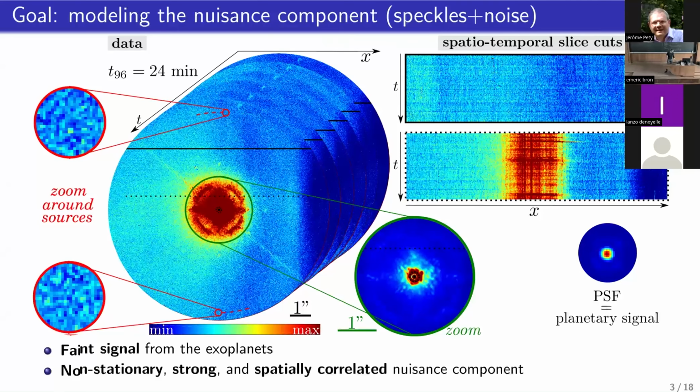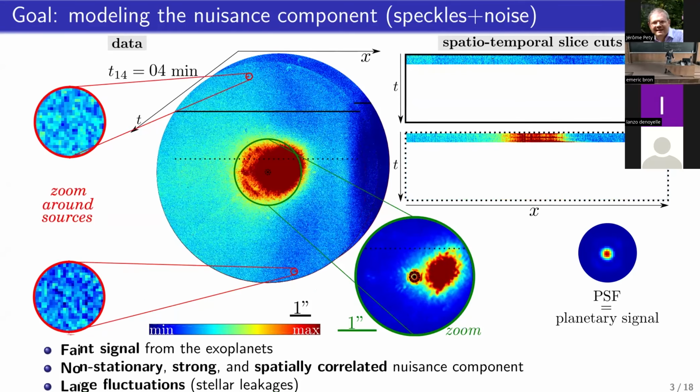It's clear from this example that the signal of the object of interest is very faint because it is dominated by what I'm calling in this presentation the nuisance component, that is to say the sum of stochastic noise plus speckles, due to residual aberrations and the presence of diffraction. And this nuisance is very strong, non-stationary, which means its properties vary according to the position in the field of view, and multi-correlated, both spatially and spectrally, for instance.